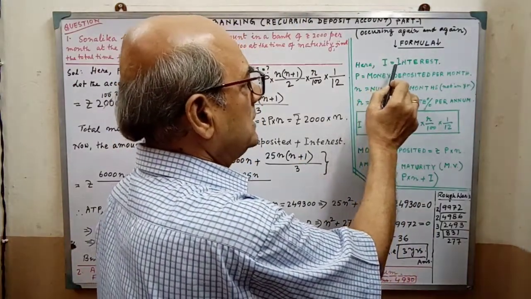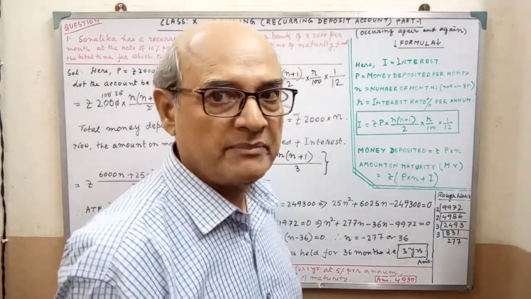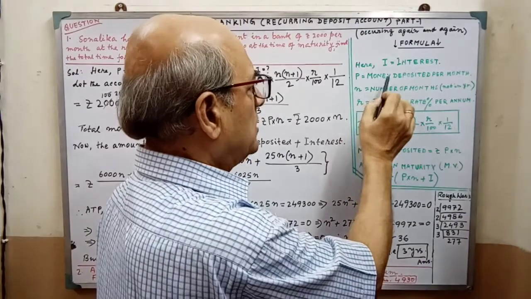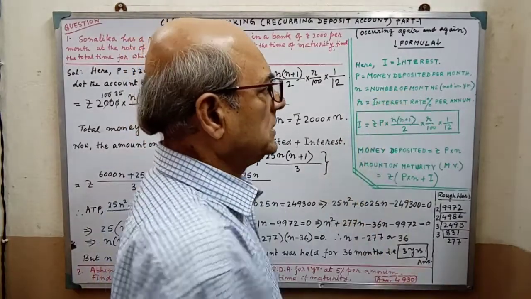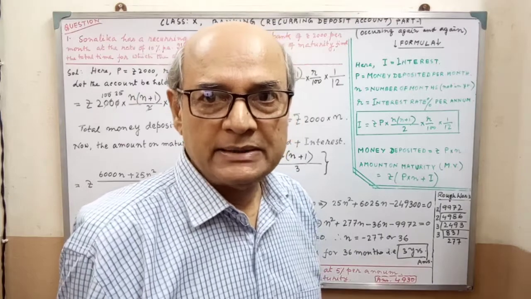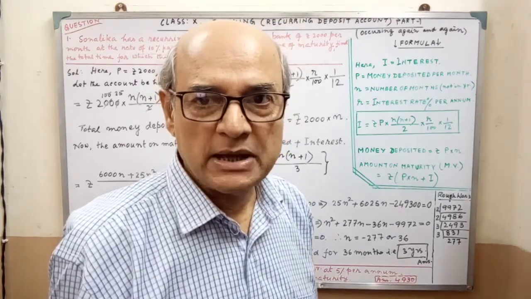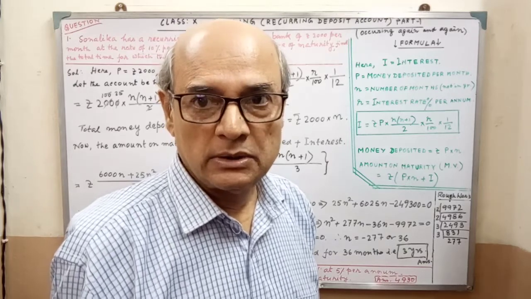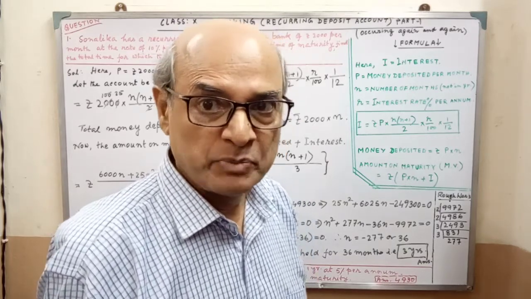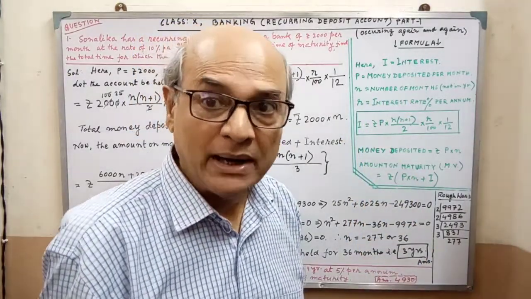Here I equal to interest. Interest you know very well, extra money, and P equal to money deposited per month. In simple interest and compound interest you have seen the fixed amount, fixed time it was invested. But here the money will be given per month.